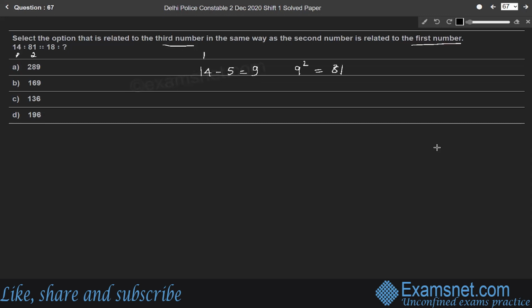Where 14 is first number, 81 is the second number. So, similarly, third number is 18. So 18 minus 5 is equal to 13, and square of 13 is equal to 169. This will be the fourth number. Therefore, option B is the right answer.